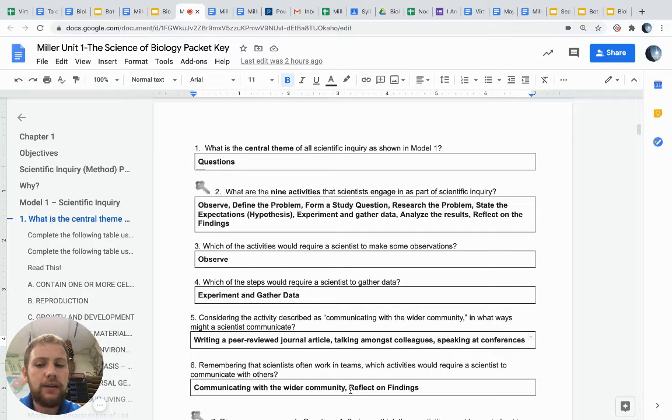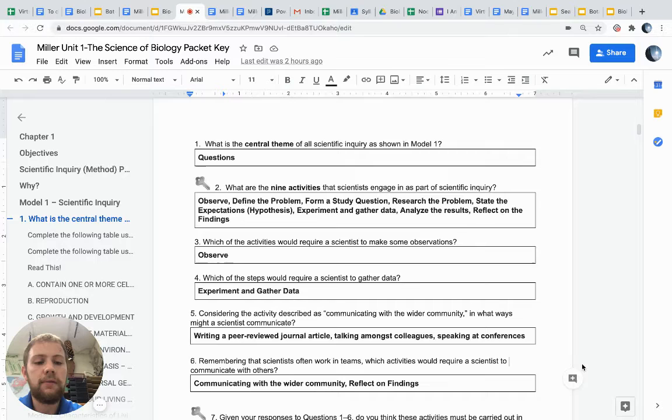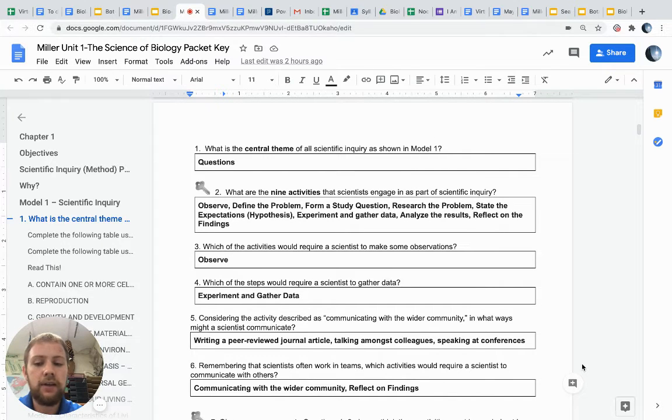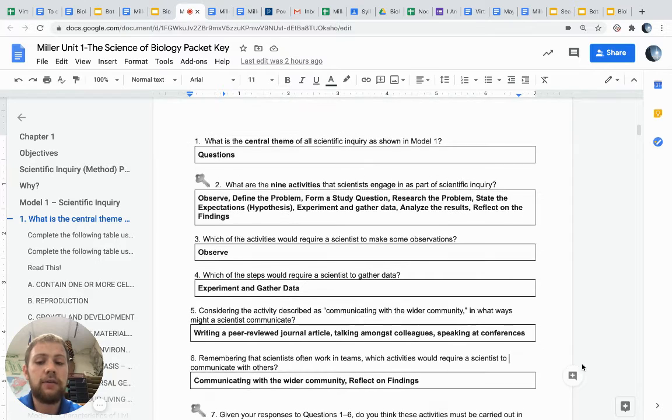When you're reflecting on findings, oftentimes you might reach out to another scientist in order to determine whether or not those findings seem consistent with other data. You might also do a little bit of follow-up research and see who has found similar data, or perhaps somebody has a conflicting view of the phenomena that you're observing.